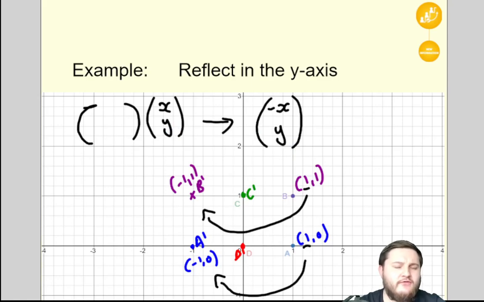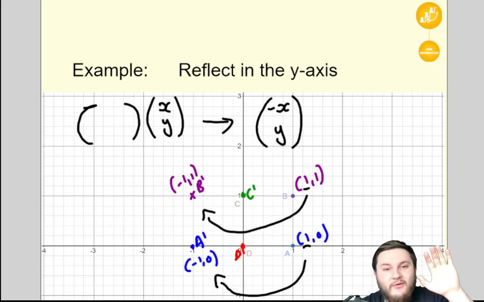So a reflection in the y-axis is where all the y-coordinates stay the same, but the x-coordinates turn negative. Now there is a matrix that describes this rule, right? There has to be, because there's a matrix that describes pretty much all of these transformations.